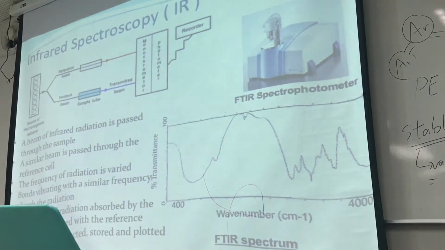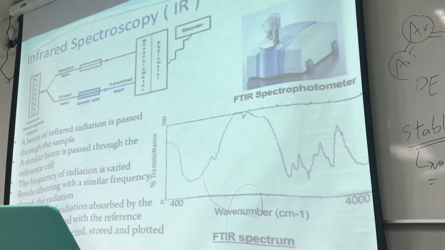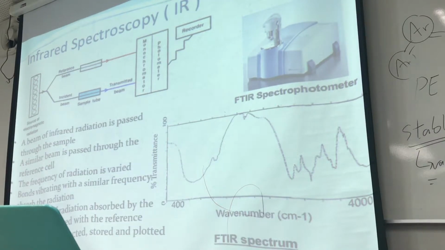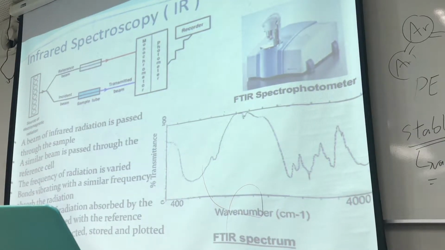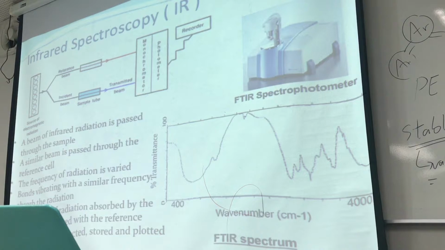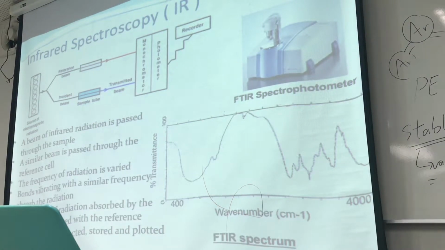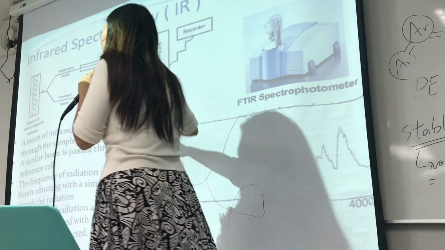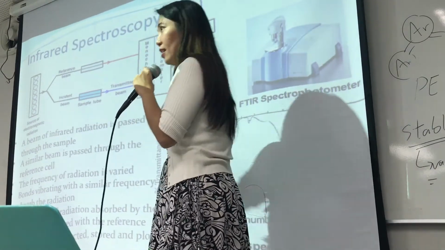Do you know the relationship between absorption and transmission? If the material absorbs a lot of light, it would not transmit light, so it is kind of inversely proportional. In this graph, it gives you transmission.